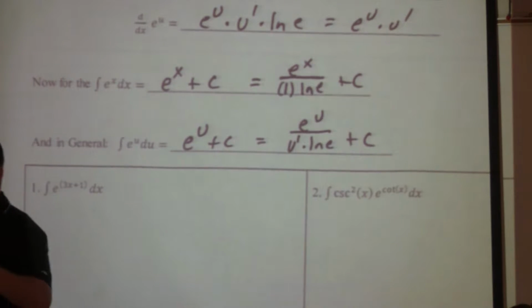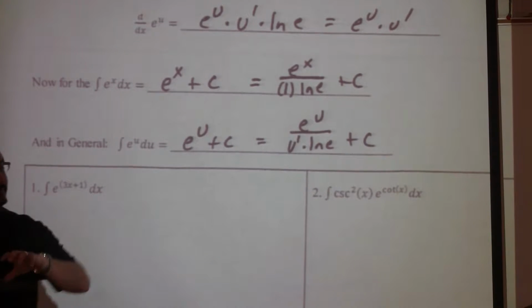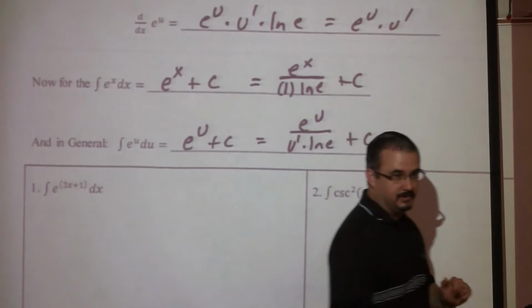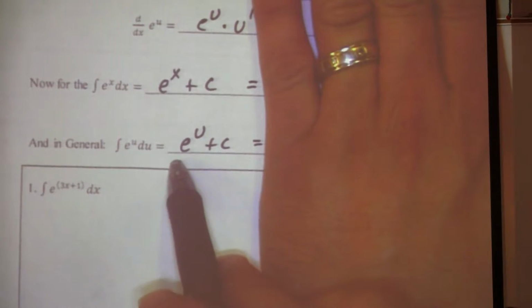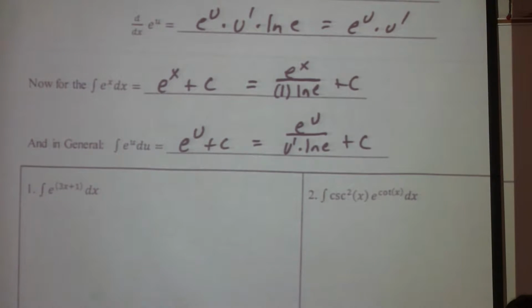Not do u, not do du, not do any of that. You just focus on that part, rewrite that part, and then work out the problem, and it'll end up working out. Okay? So for us, just remember, the integral of e to the u, once you get it to look like this, is just going to be e to the u. Okay? But that's what's really happening.